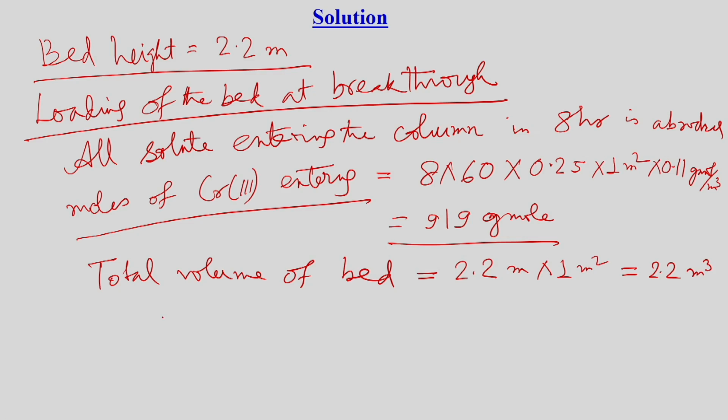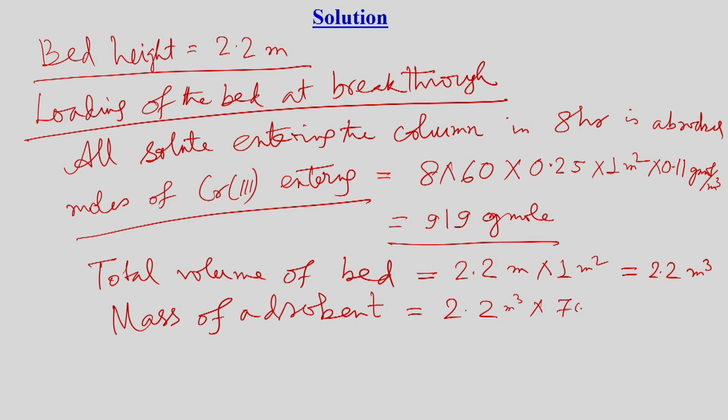So, for the mass of adsorbent, because the density is given, the volume is known. So, 2.2 meter cube × density of 700 kg per meter cube, equal to 1540 kg.